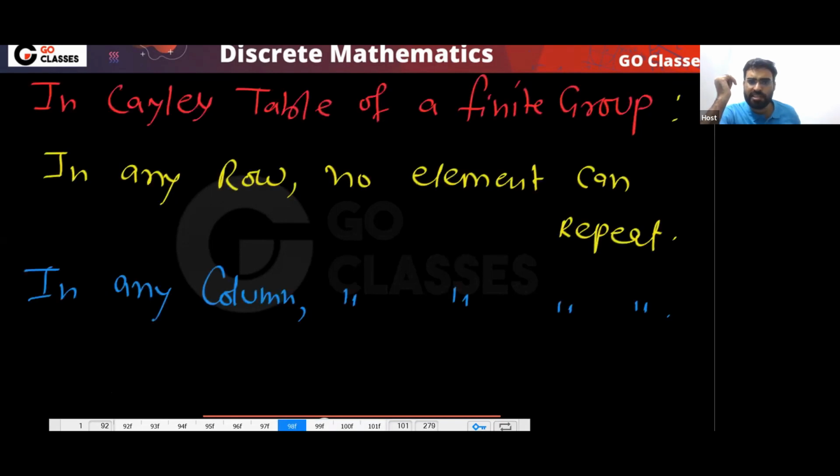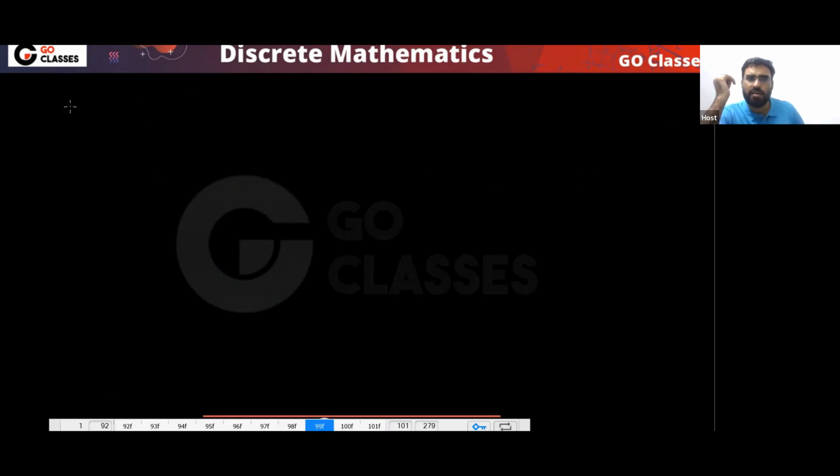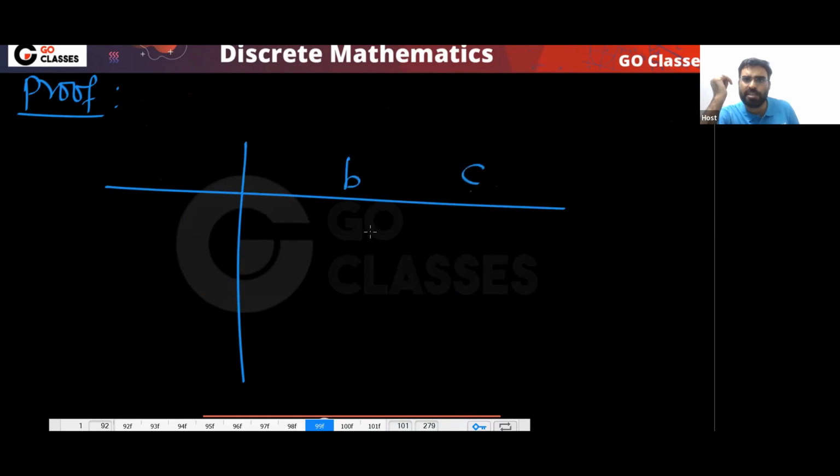Because what will happen if there is repetition? This is the proof. If there is repetition, is it possible that you have a repetition? What is the problem if this happens?